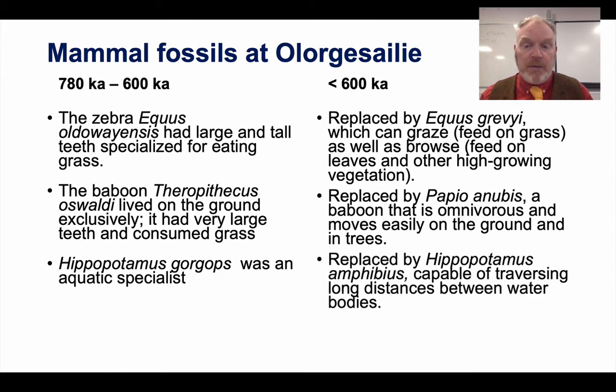And another type of hippo that was able to move between water sources. So we can see that these other mammals have responded to the climatic changes by evolving whole new species. And interestingly, species that were adapted to cope with a more varied environment.